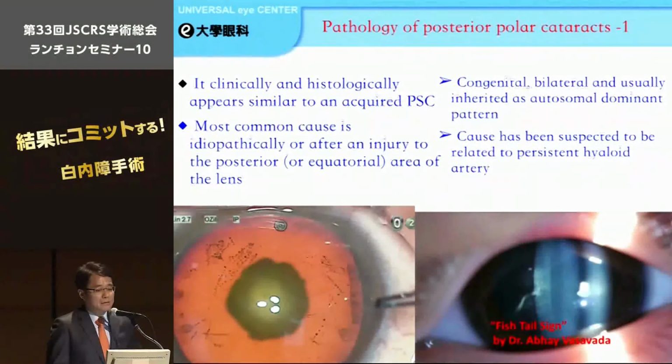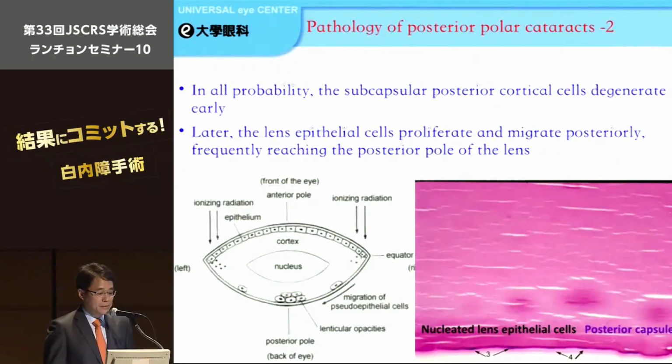The pathogenesis of posterior polar cataract is still a mystery. However, most of the published literature considers it clinically and histologically similar to acquired PSC. However, there are some congenital types, in which we can see a fishtail sign here. In all probability, the subcapsular posterior cortex cell degenerates earlier.